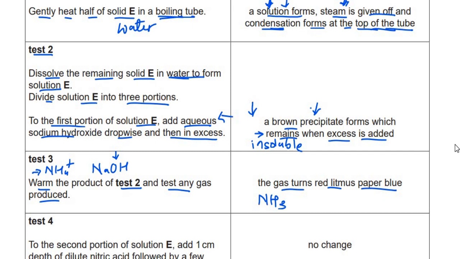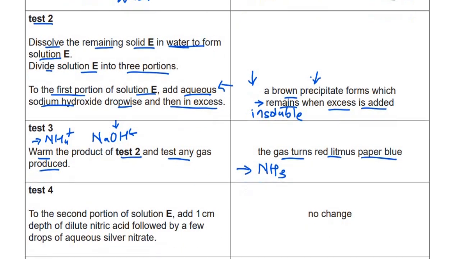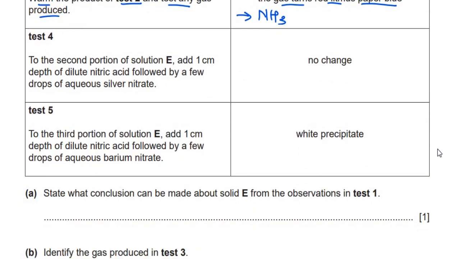That also we are going to compare and see the table which is given for the cation test. So just remember the brown precipitates and the formation of ammonia gas on heating with NaOH or warming with NaOH. Test 4 says, to the second portion of solution E, add 1 centimeter depth of dilute nitric acid and aqueous silver nitrate and no change is produced.